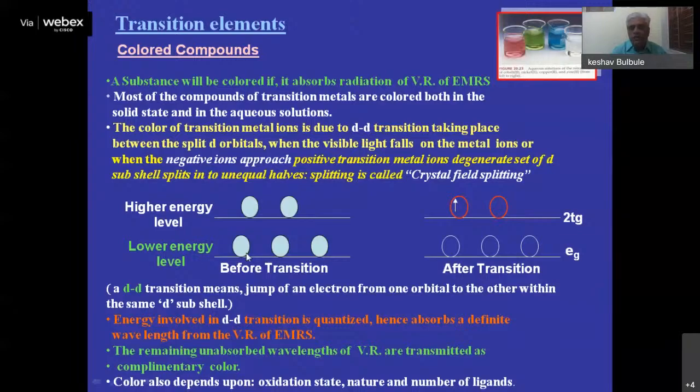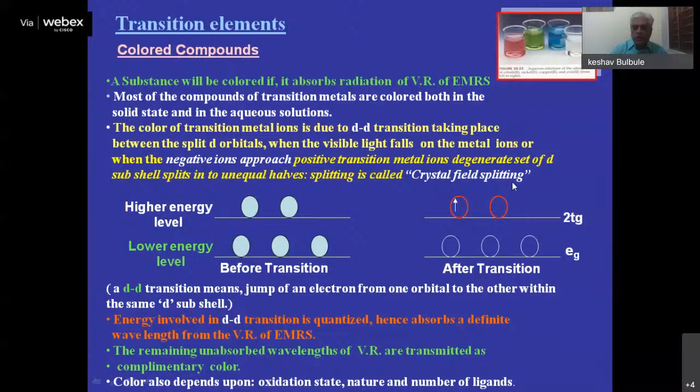And if for this d-d transition, the blue wavelength is absorbed, its complementary color is imparted to the substance. If the orange wavelength is absorbed, then blue color is imparted to the substance. And such a splitting of the degenerate set of d subshell in the vicinity of water molecules or negatively charged ions or ligands, into two sets, lower energy and higher energy, is popularly known as crystal field theory or CFT.